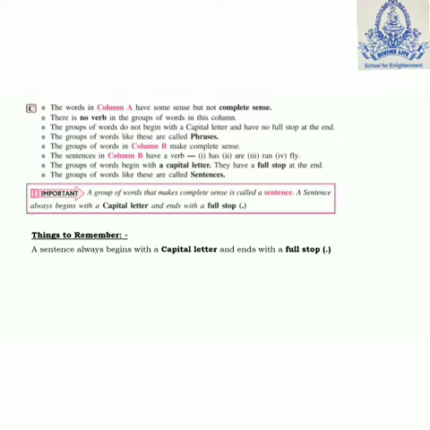And a sentence always begins with a capital letter and ends with a full stop. So this is the main thing that you have to remember while you are making a sentence. A sentence always begins with a capital letter and ends with a full stop. So that's all for the sentence. Now we will come to our next topic.